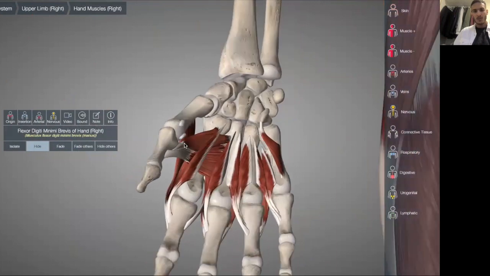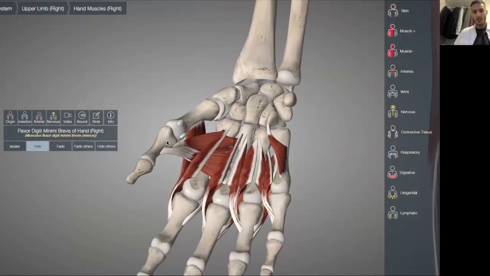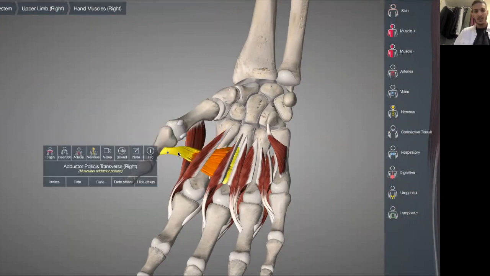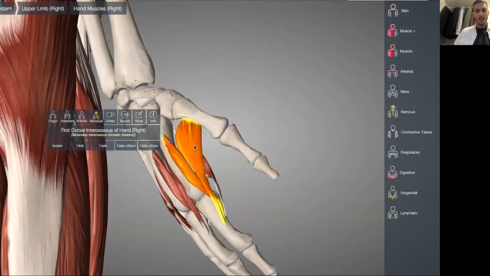There are a couple more muscles in relation with the thumb itself. On the deepest end, we have the adductor pollicis oblique, because it runs obliquely. We have the adductor pollicis transverse, and on the dorsal aspect here, it's the first dorsal interosseous of the hand.